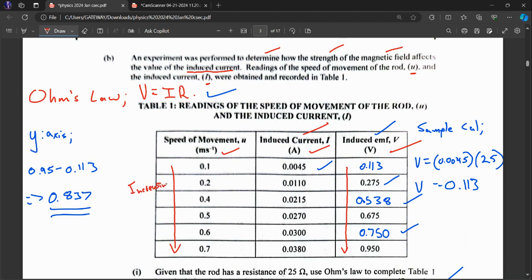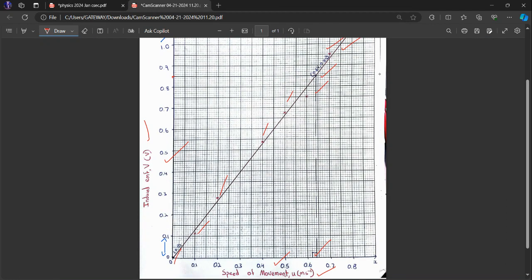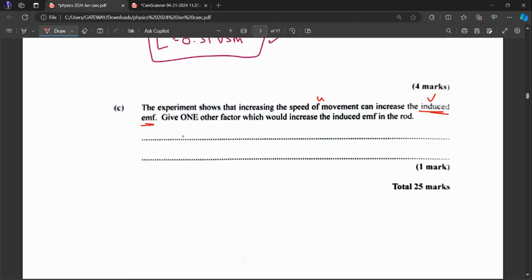So it increases, coming down, increases, coming down. Same for here. Hence we get the straight line graph over here. As induced EMF increases, speed increases, basically.